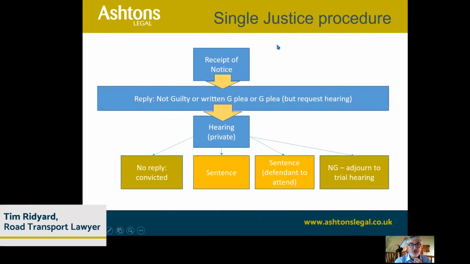Now, I thought we would put in a little bit about this thing called the single justice procedure. If you are on the receiving end of court proceedings as a driver or as an operator, this just doesn't relate to fixed penalties. It can be regardless of that.